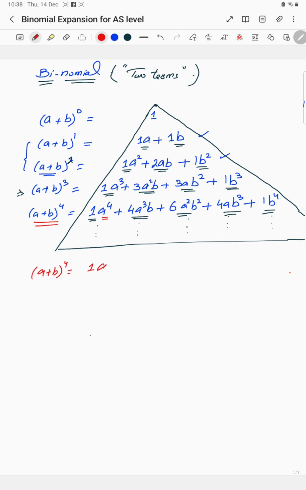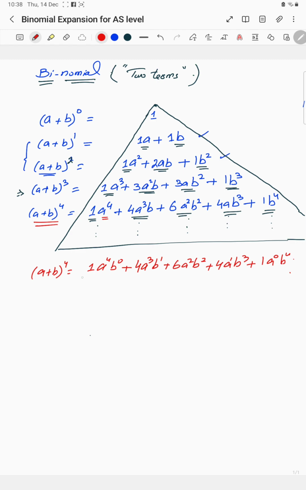I wrote 1a to the 4. If I put b to the 0, it doesn't affect it because any number power 0 is 1. Plus 4a cubed b, b meaning b to the 1, plus 6a squared b squared plus 4a to the 1 b cubed plus 1 a to the 0 b to the 4.